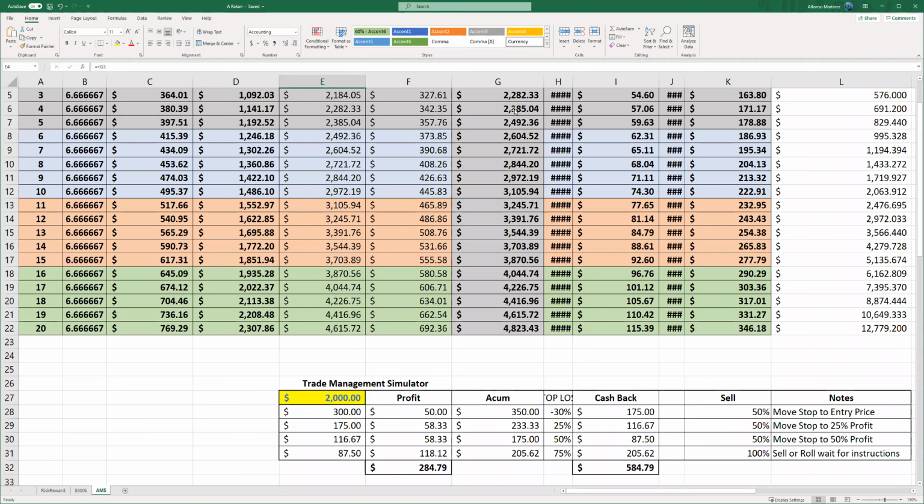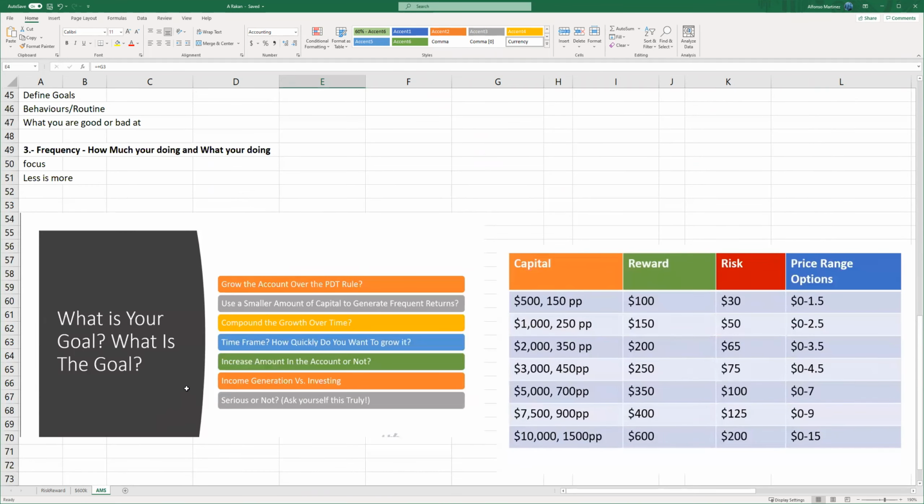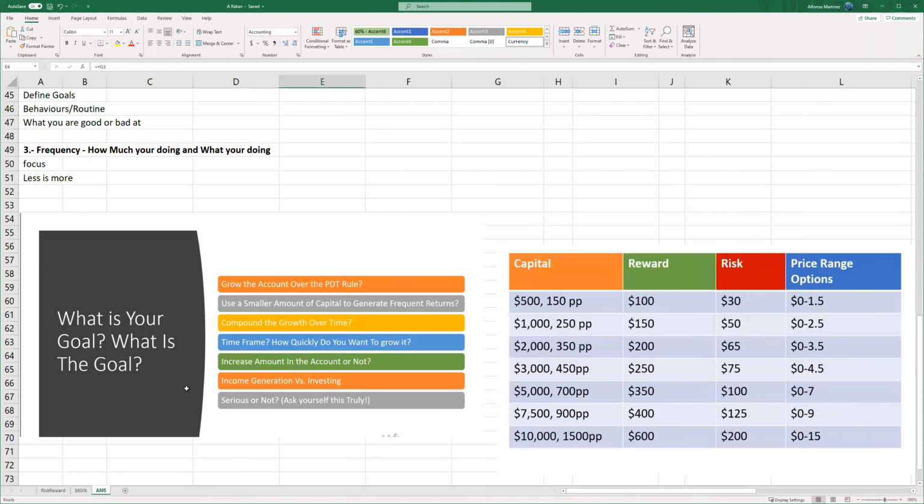So forget about risks and stops in percentage, guys. You can translate that into percentage once you know the amount to risk, but it is very simple. You have a $2,000 account, you're going to risk 350 maximum position to risk 65 to make 3 times that, 200. As simple as that.